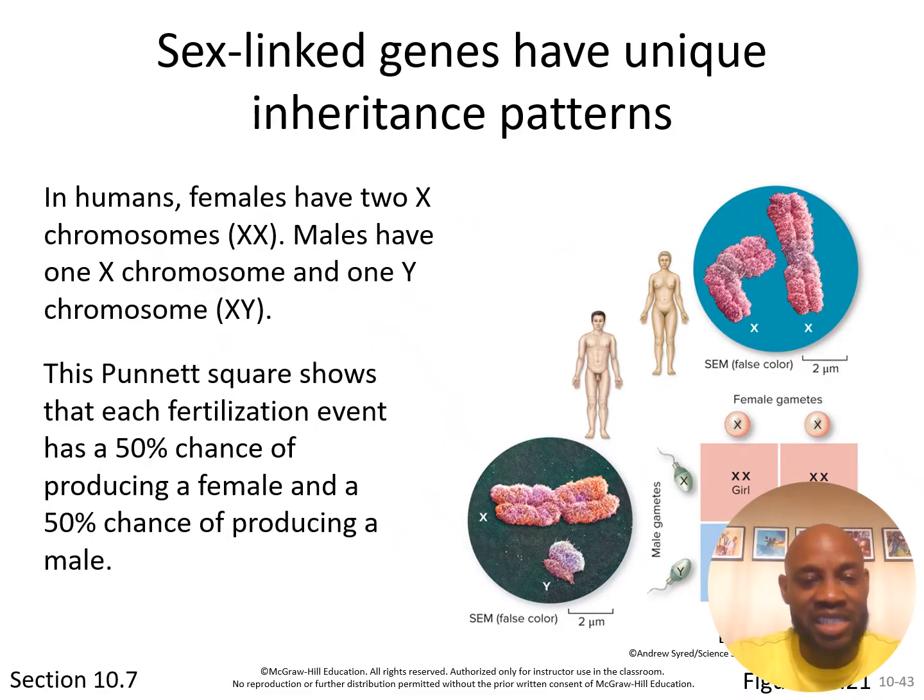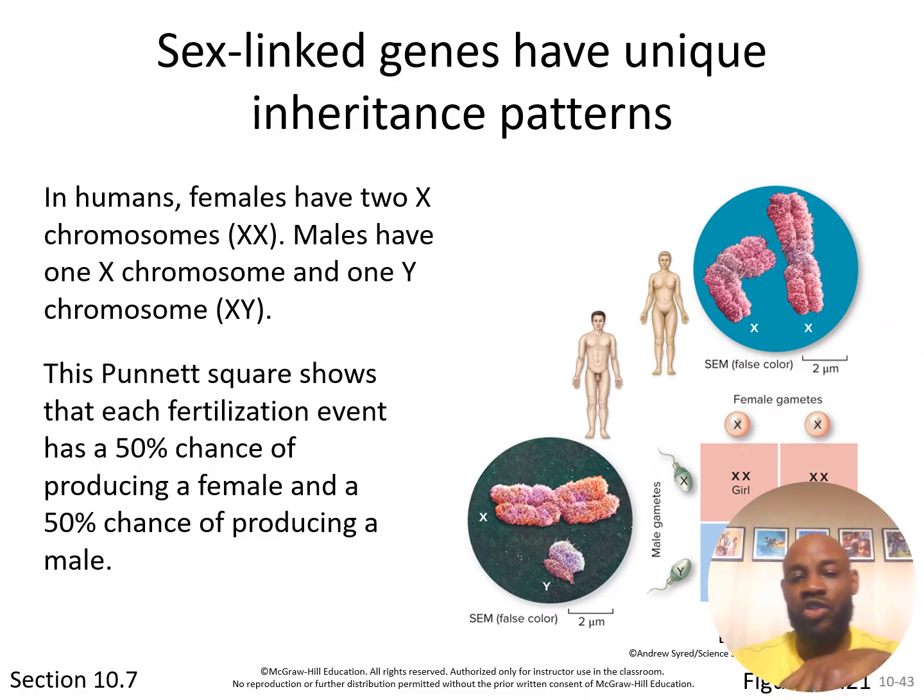You also have sex-linked genes, right? So genes that are on the X chromosome. In humans, females have 2 X chromosomes, males have 1 X chromosome and 1 Y chromosome.